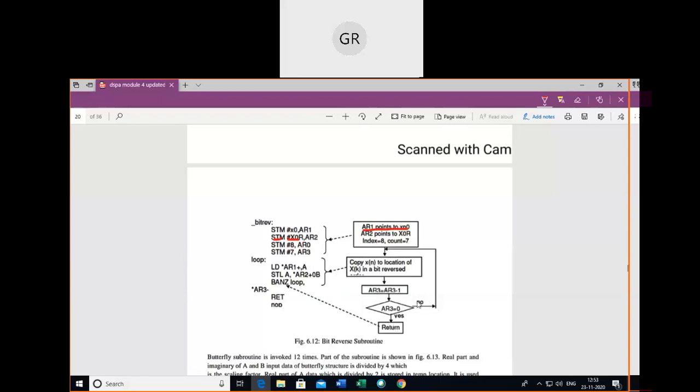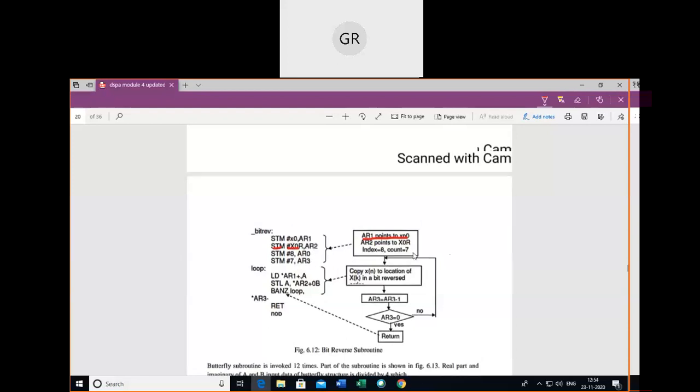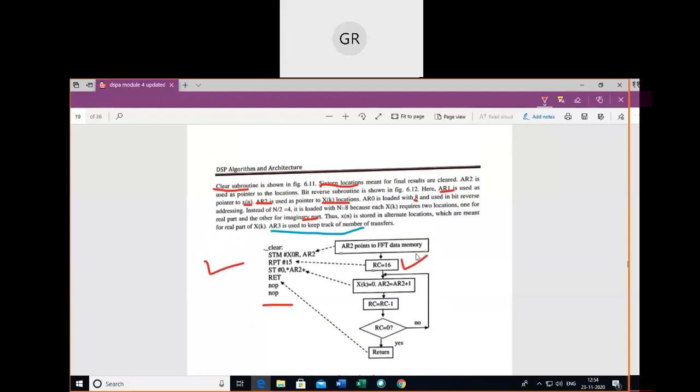If it is not equal to 0, repeat the loop again. Just remember, here AR1 points to x of n, AR2 points to the output, AR0 is loaded with 8 for 8 locations, and AR3 is loaded with 7 to keep track of the count.